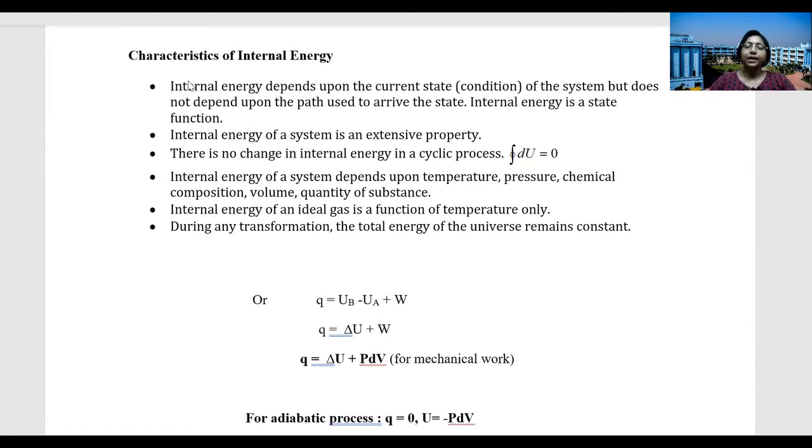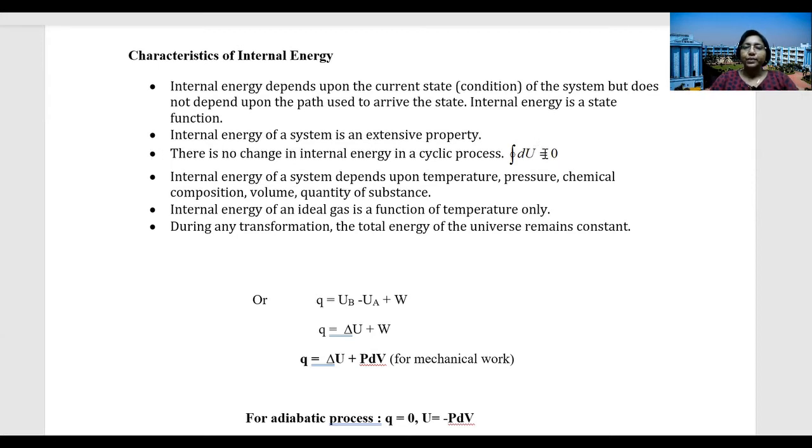And the internal energy has different characteristics. Number one, internal energy depends on the current state of the system but does not depend upon the path used to arrive at the state. That is why it is not a path function, it is a state function.